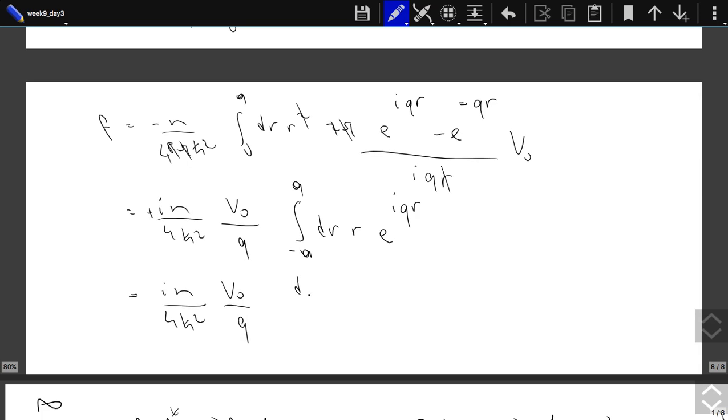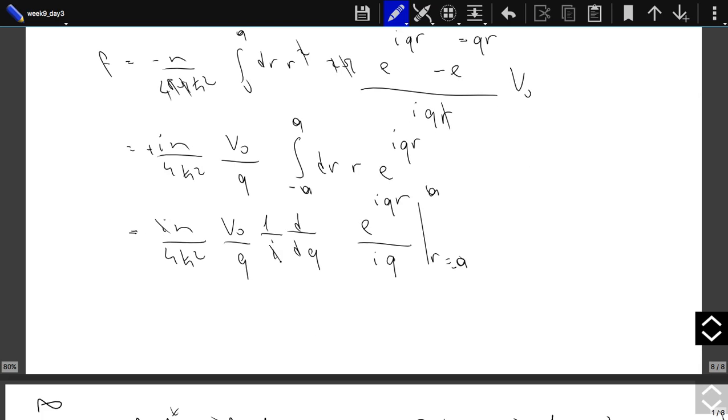This is the derivative with respect to q. That brings an ir. Let me divide by 1 over i. And then I get the integral from minus a to a of e to the power iqr, which is iqr over iq, with r from 0 to a, minus a to a.